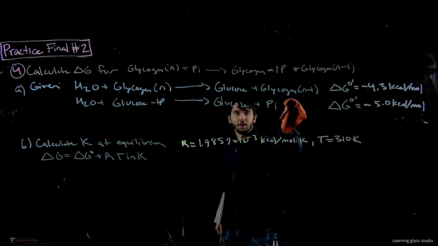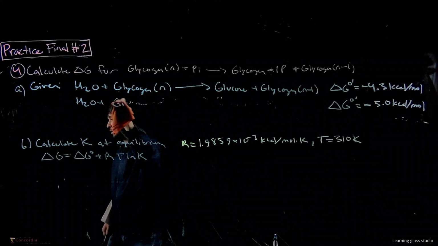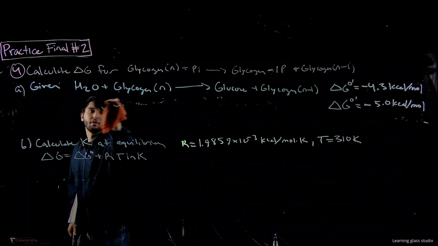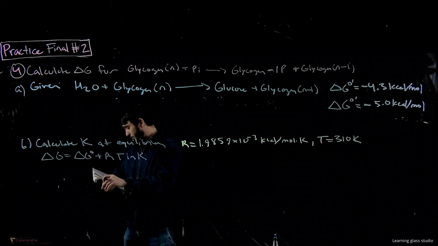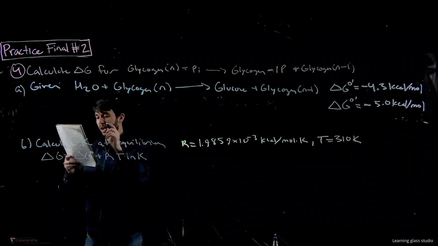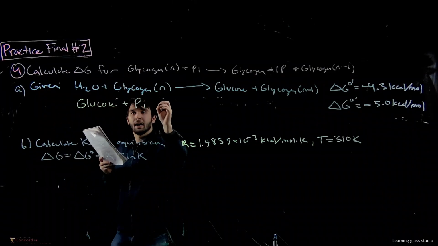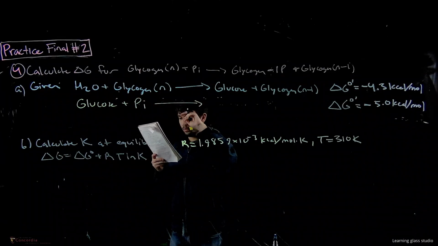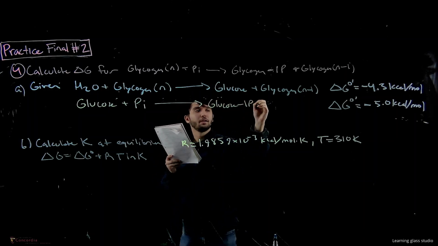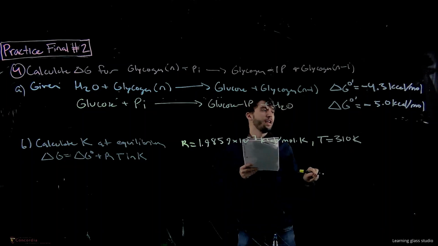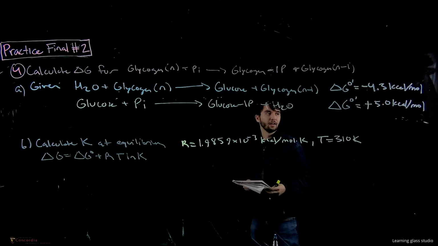So if I rewrite it the other way, we have glucose plus Pi turns into glucose 1P plus H2O, and the delta G, we flip the sign, so now it is positive 5 kcal per mole.